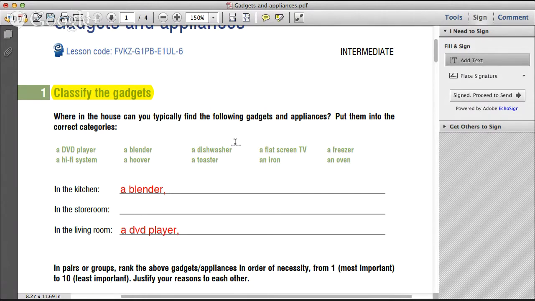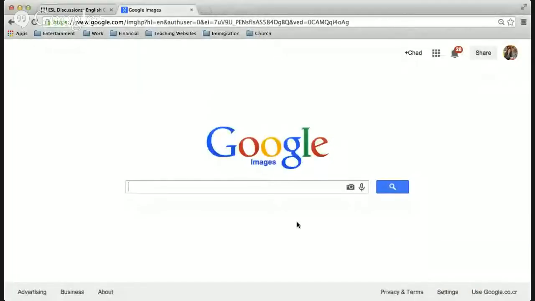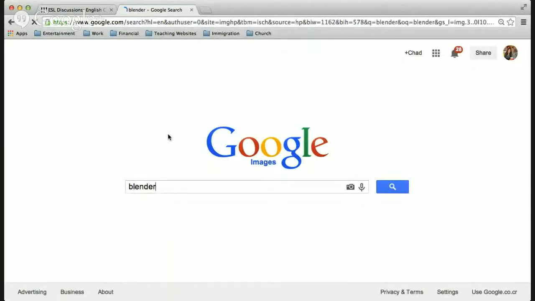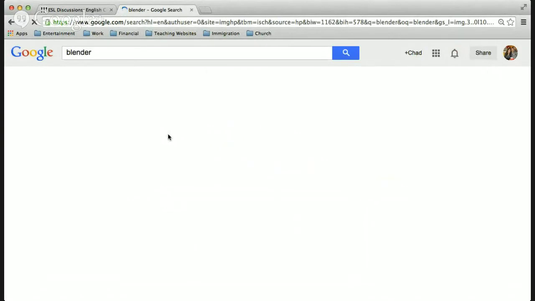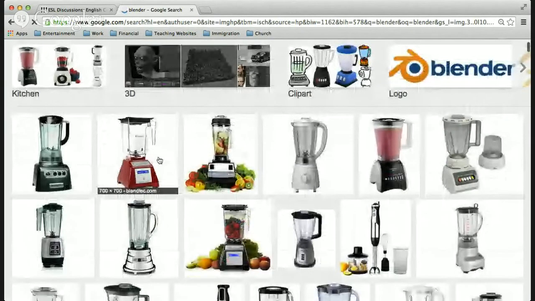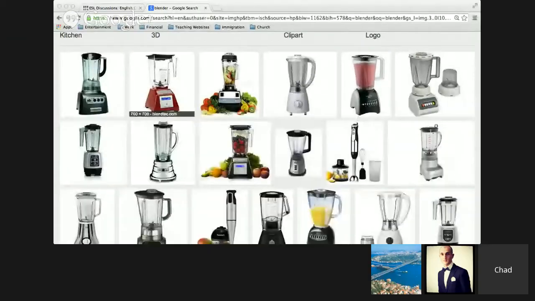You can combine liquids, you can combine different vegetables and fruits. Yes, all sorts of things. I like to make protein shakes with them. This would be our blender, and there are lots of different kinds and shapes and sizes. So these are blenders here. Very good.